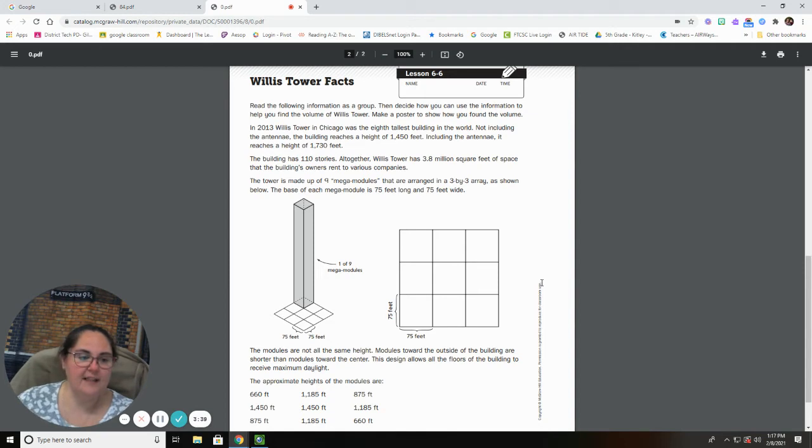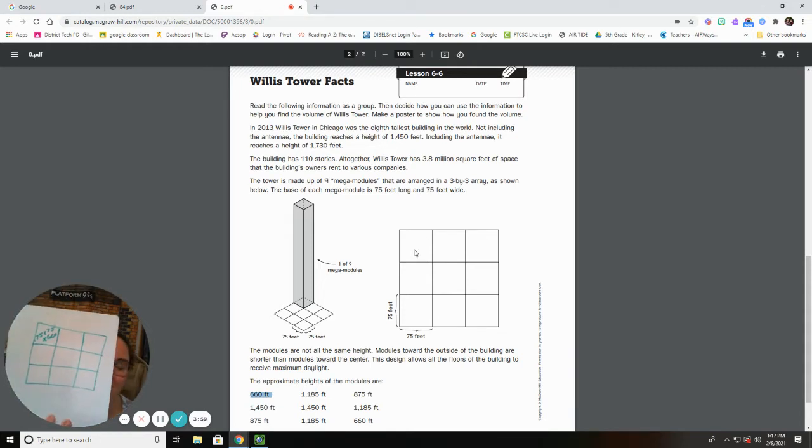So if I want to look at the very top corner of that, I'm going to do 75 times 75. And then I'm also going to multiply by that 660, because that's what this number right here stands for. This number is for this top cube. So basically I just wrote that on my box.